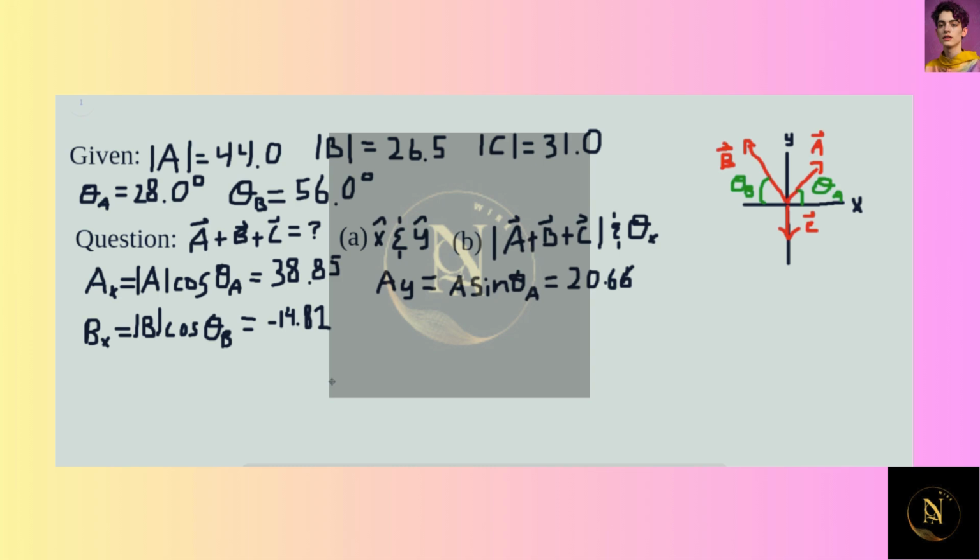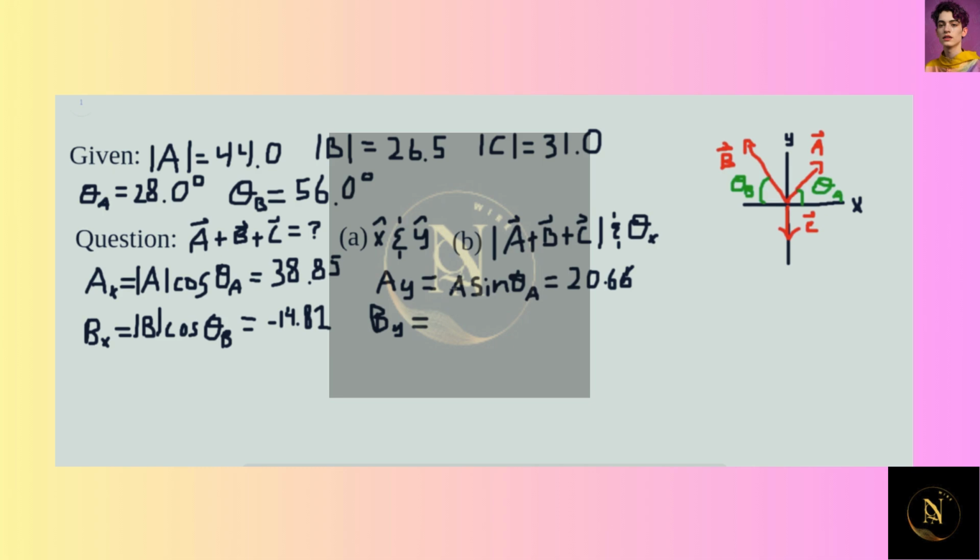And if you ever wanted to do a sanity check, we can compare what we're getting back to the graph. If you look at the graph, A is clearly in the positive x and the positive y direction, and we get values in the positive x and the positive y direction. And then B is clearly in the negative x direction, and we just got a value in the negative x direction, so that seems to be correct, but it's also in the positive y direction. So we'll see if for B sub y, we get something in the positive y direction.